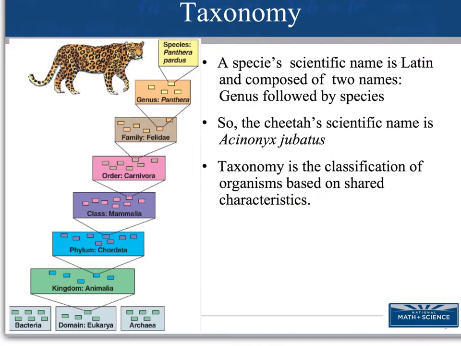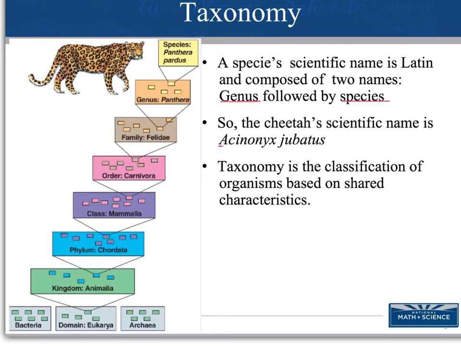Okay, so a species scientific name is Latin, and it's comprised of two names, the genus name followed by the species name, and it's written in a very specific way. Either you write the entire thing in italics. If you can't write it in italics, then write it as normal and underline it. Only the genus name is capitalized.